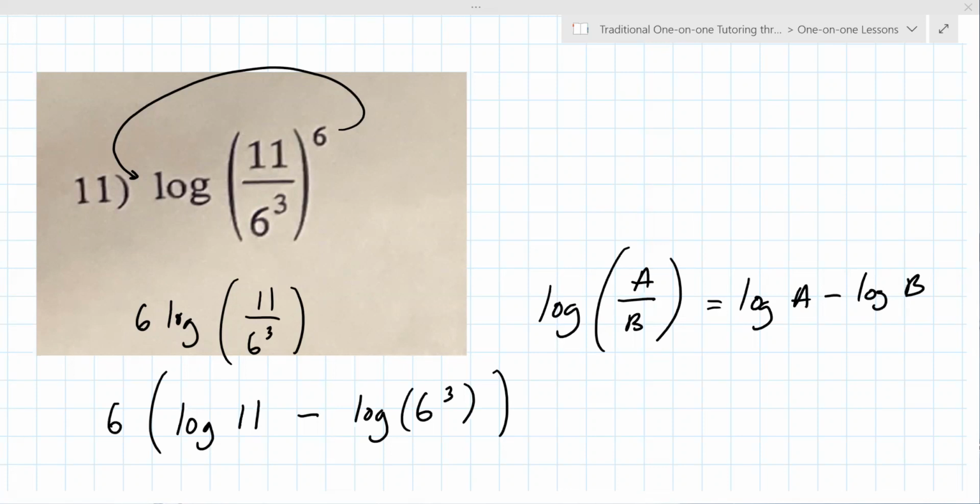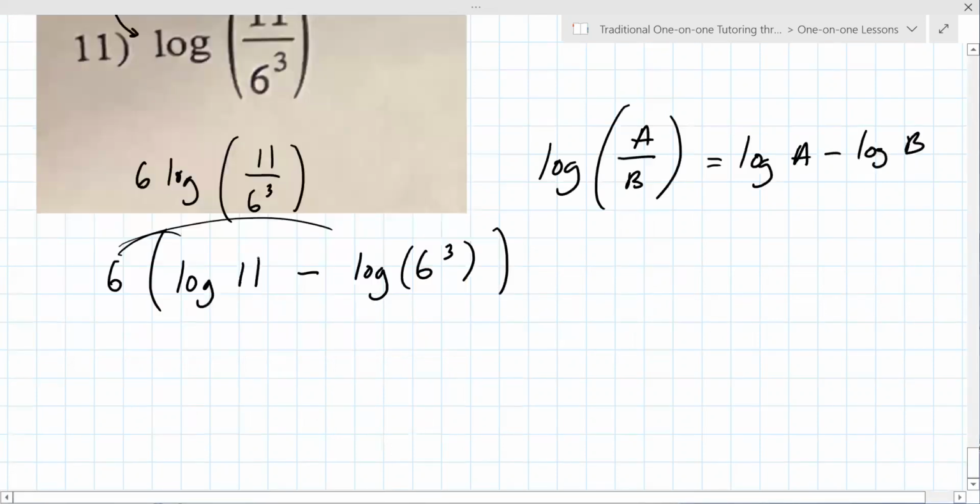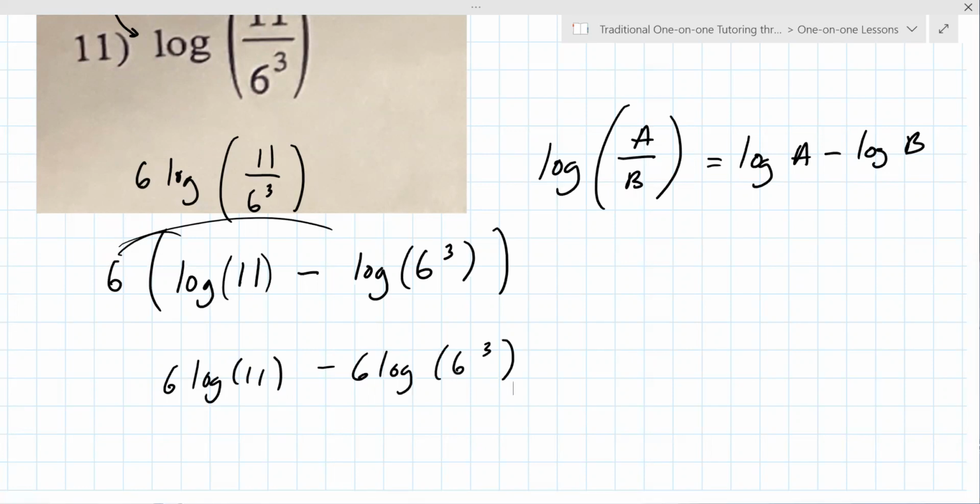Okay, so from here, I think it would be a good idea to distribute the 6 into both, but you're distributing it in front of the log. So it's like 6 log 11 minus 6 log 6 to the power of 3, like that. But there's one more thing we've got to do to finish this problem.